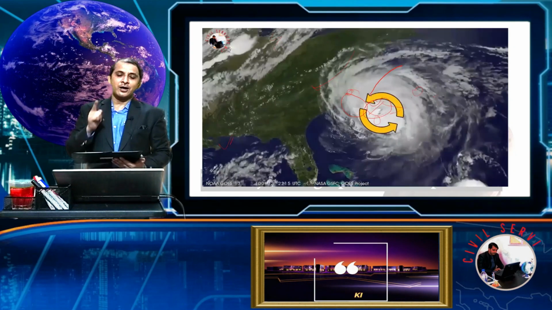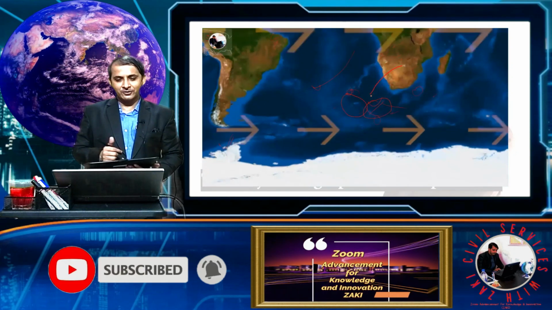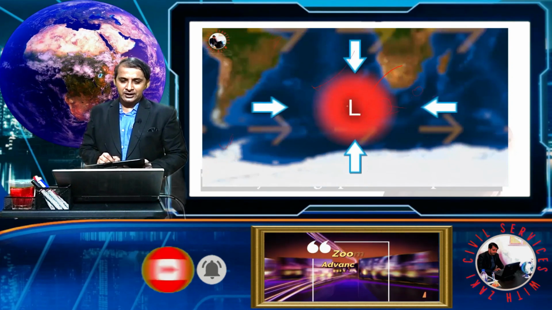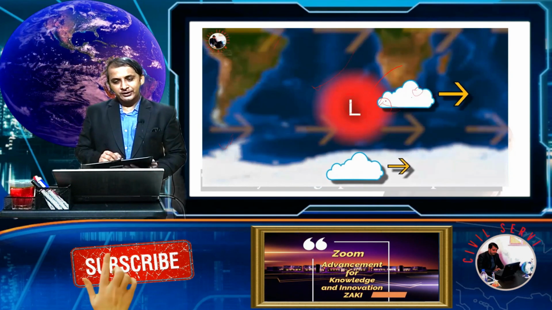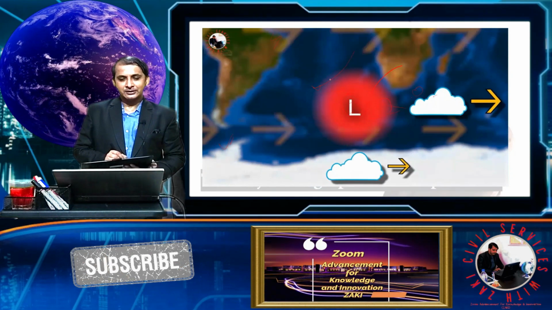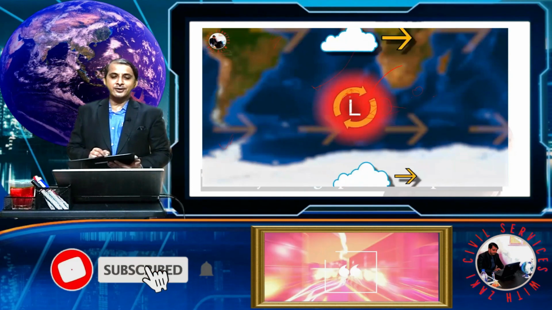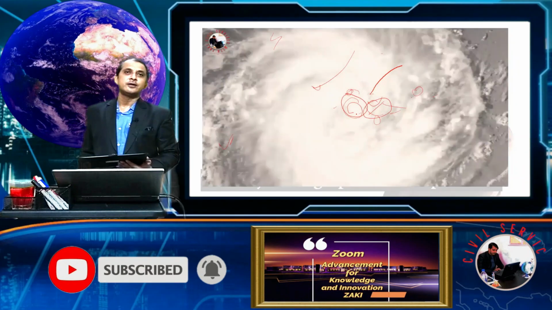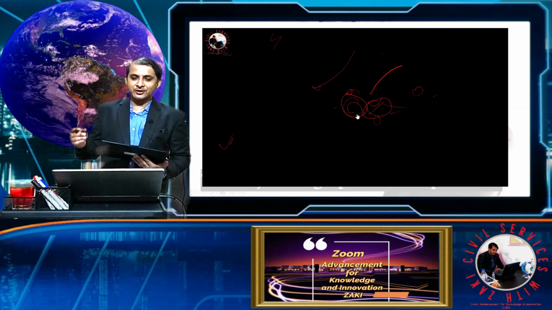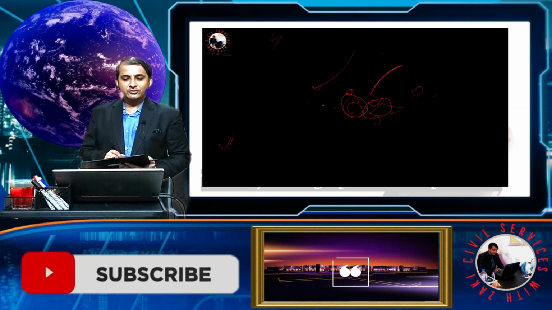So that's why a cyclone in the northern hemisphere rotates anti-clockwise. If you go to the southern hemisphere, it's the opposite. So it is left and westward, and so it is rotating clockwise. So in the southern hemisphere, the storm rotates clockwise.